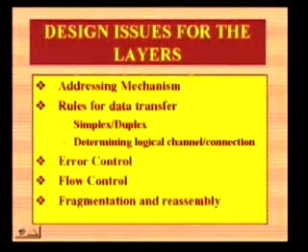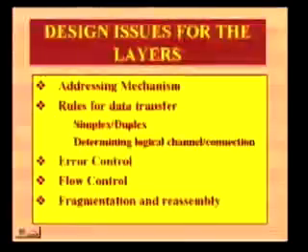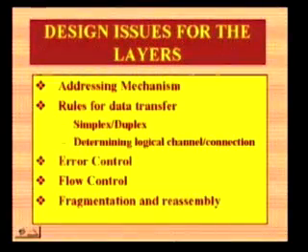And then finally another issue, which we don't deal with at each layer but is confined to a particular layer: fragmentation and reassembly. In a wide area network the packet goes from one router to another router. When we study the data link layer protocols, we deal with many such protocols, and you will see that they are not all alike. They differ in packet size and packet format.